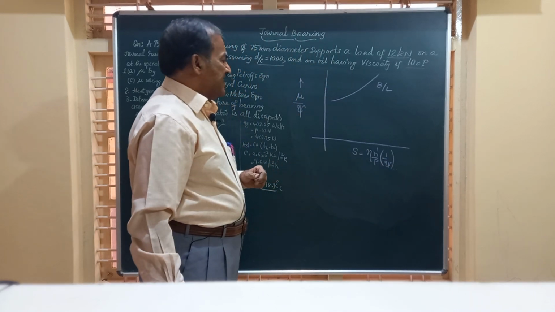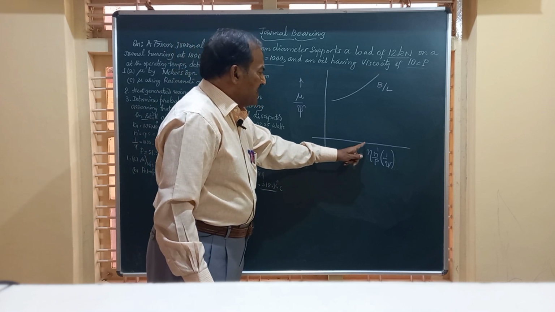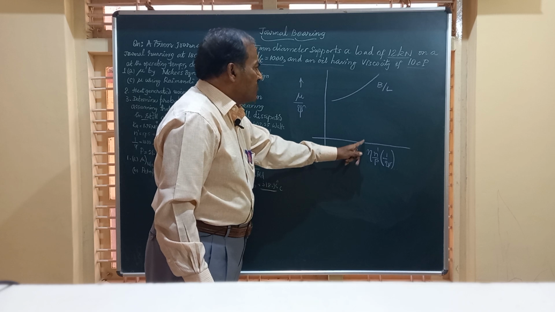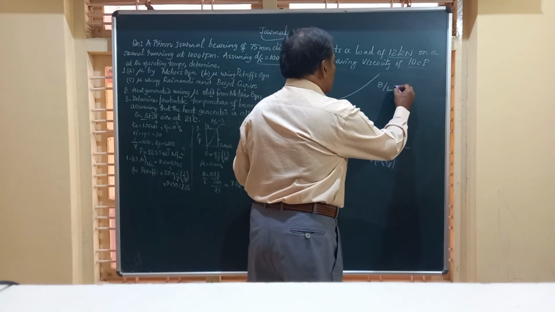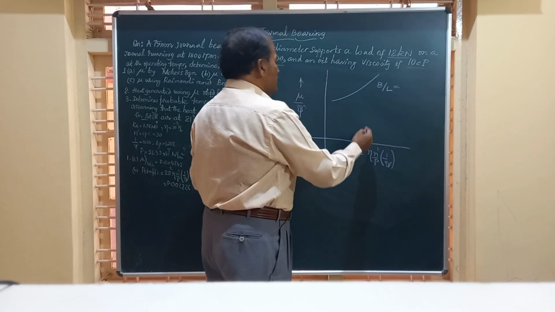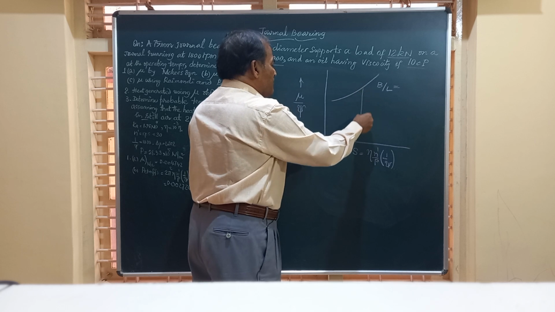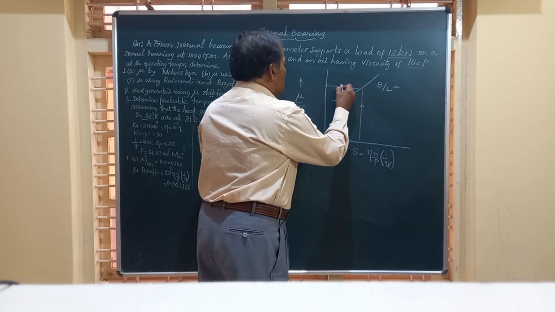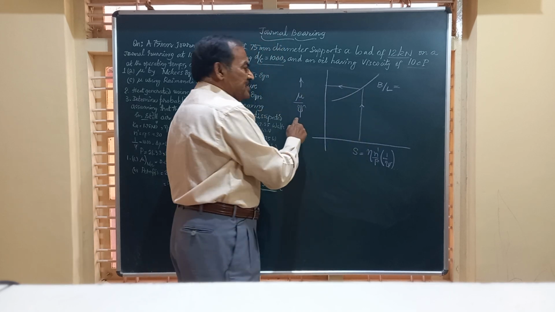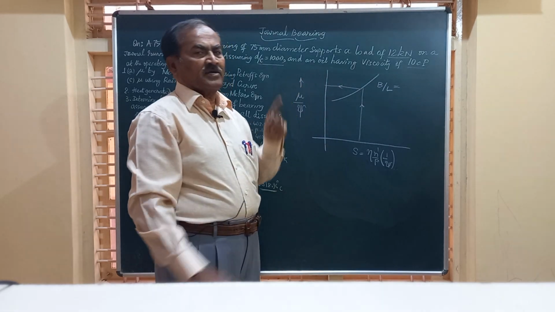With the available data, we will find out this S and, for exactly that value, draw a vertical line till it reaches this B by L. I'll tell you what it is. Then once you have this S value and the value of the B by L ratio, you can arrive at the value of mu by psi. Psi is known to us, so mu will be psi into that value.